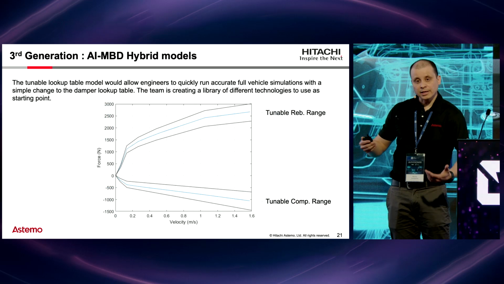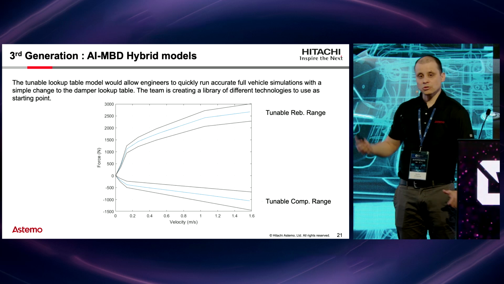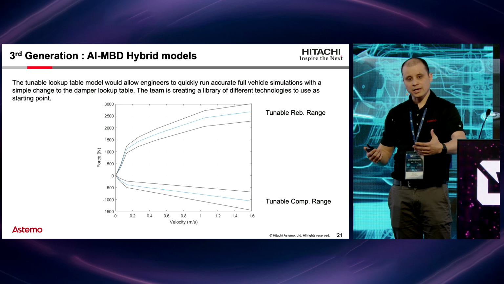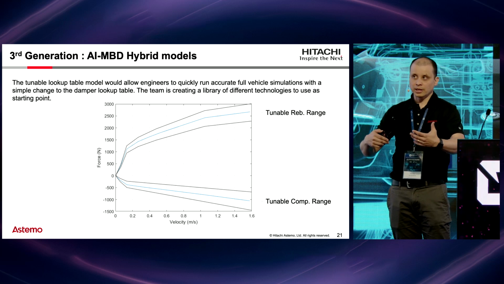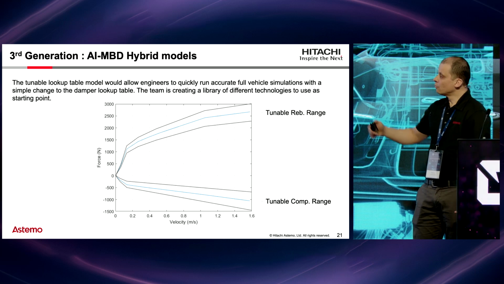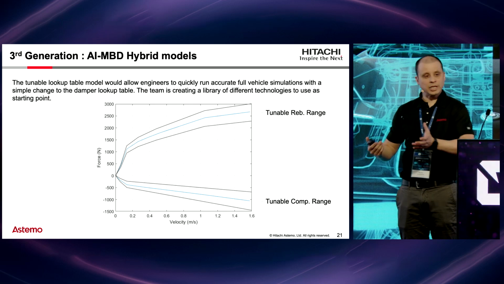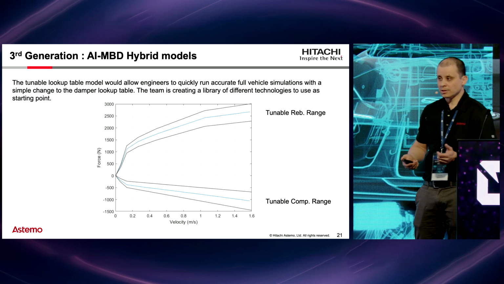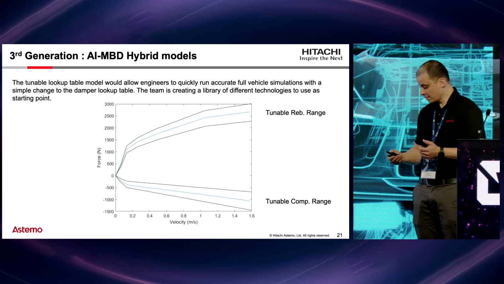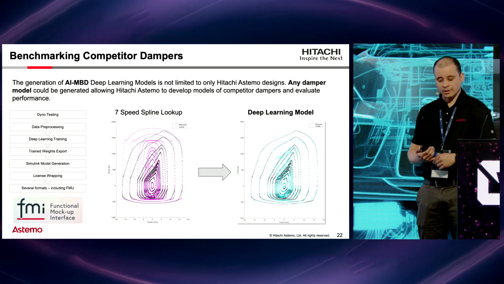As I mentioned, they can have some tunability because we use the lookup table as a base, but we need to do the training for the behavior of the damper, so we can have some tunable range that we can achieve with this kind of damper. And we can provide the dampers according to the OEM's needs.